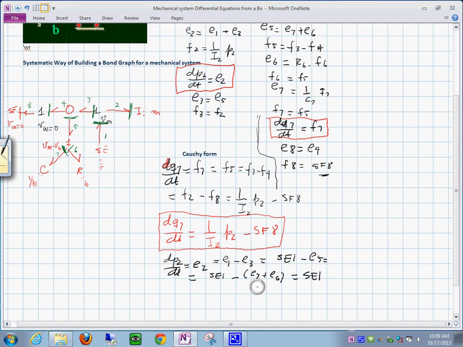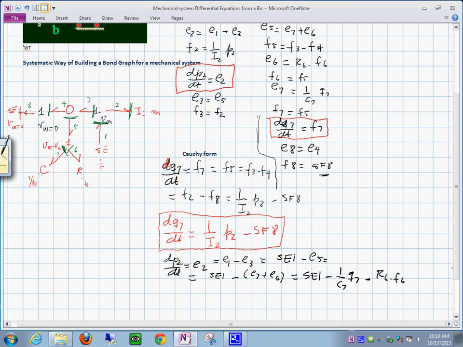What is e sub 7? In this case it would be a minus 1 over c sub 7 q sub 7, and then a minus e sub 6, which is r sub 6 times f sub 6.